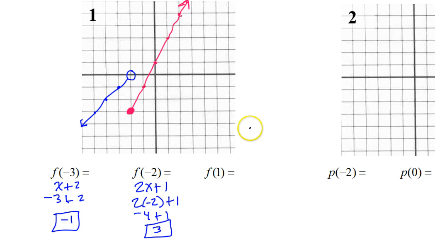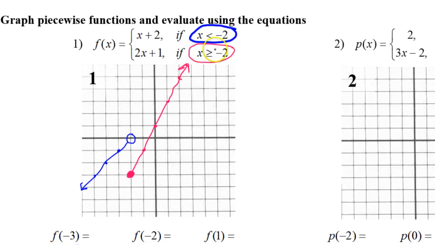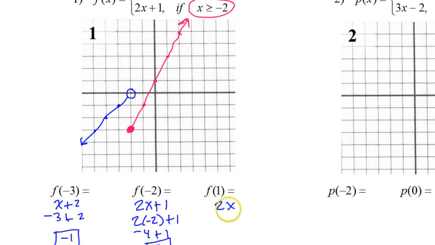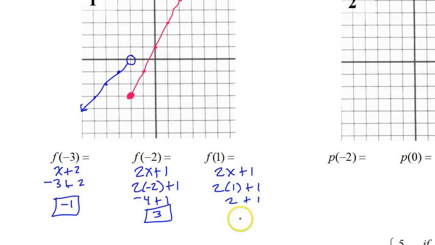Now, what about f of 1? Well, 1 is greater than negative 2, so again we'll use the bottom function. So 2x plus 1 becomes 2 times 1 plus 1, which is just 2 plus 1, which again is 3. So that's how we would evaluate.